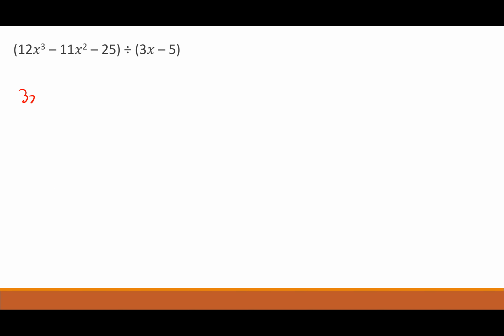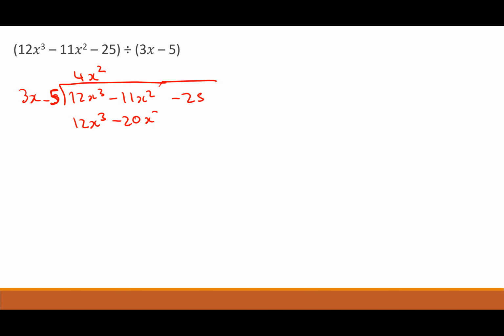Okay, another example, 3x minus 5 into 12x cubed minus 11x squared, no x term, and just minus 25. So let's just do this very quickly. 4x squared, and leave you with 12x cubed, and then that's going to be minus 20x squared.